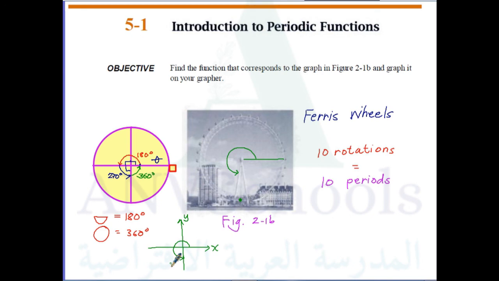That's a minimum. So the real-world interpretation is when you go to here, look, you are below. So that's like a negative in Cartesian coordinates.